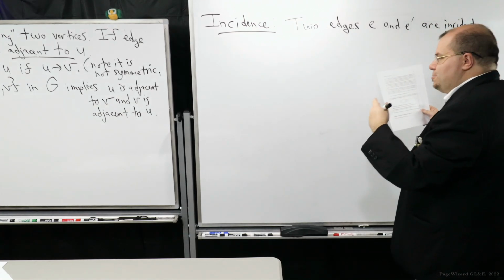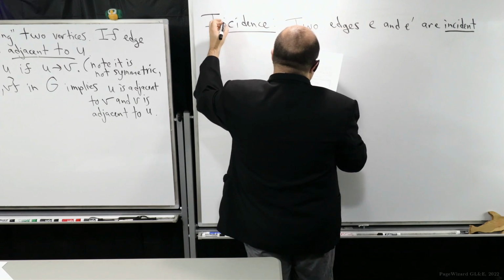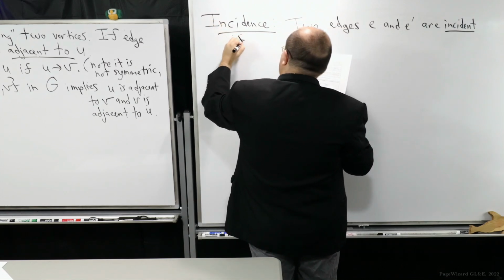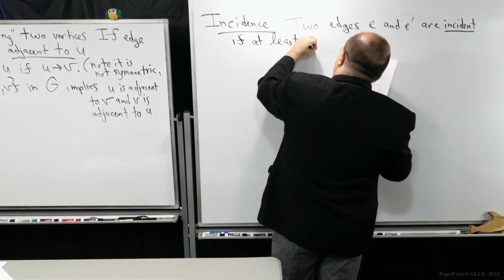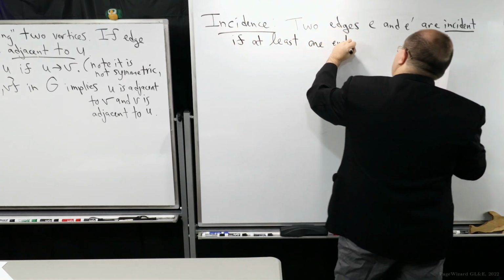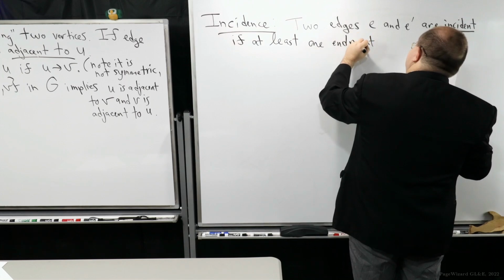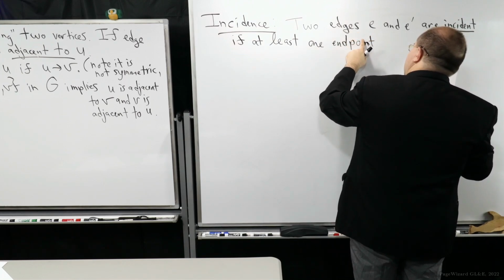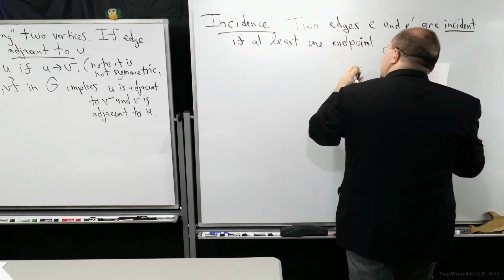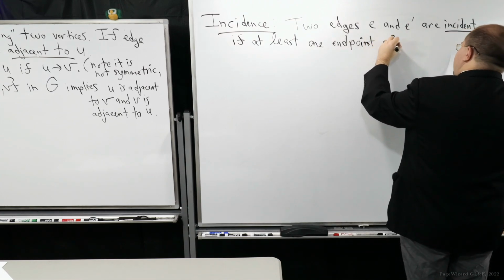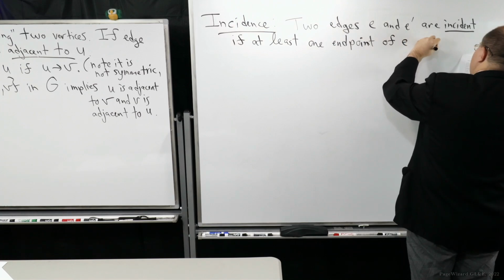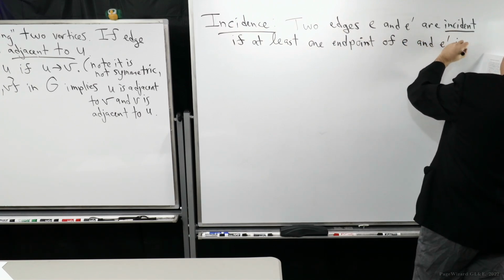So we would say E and E prime are incident if at least one endpoint, remember those are the things that are sticking on the ends of these edges, those vertices or nodes, at least one endpoint of E and E prime is the same.